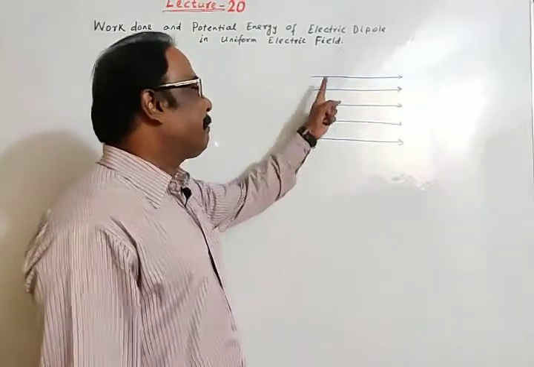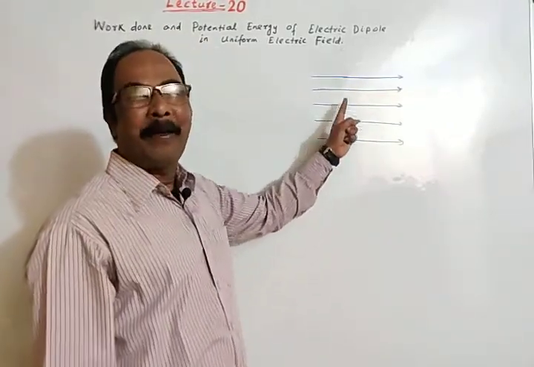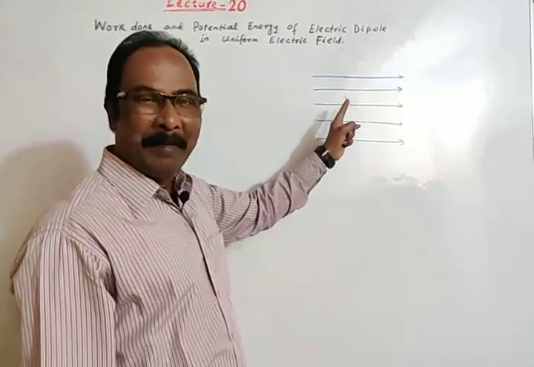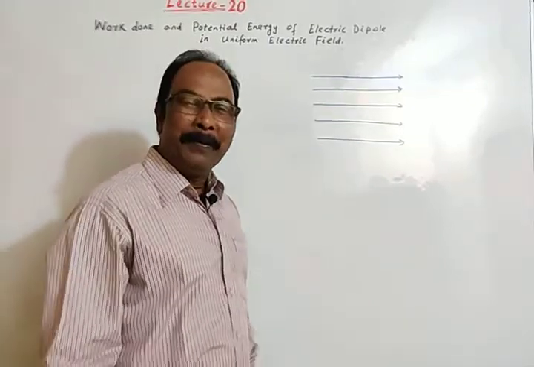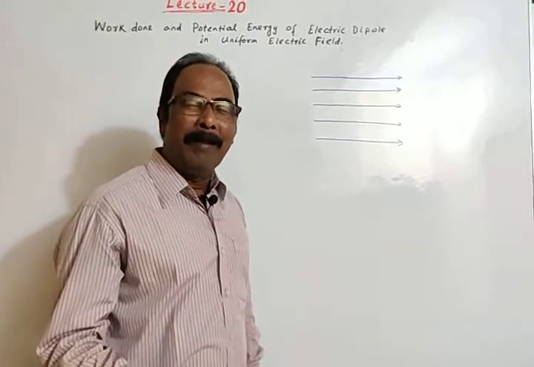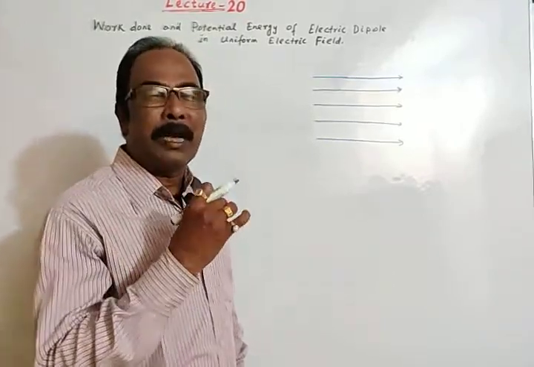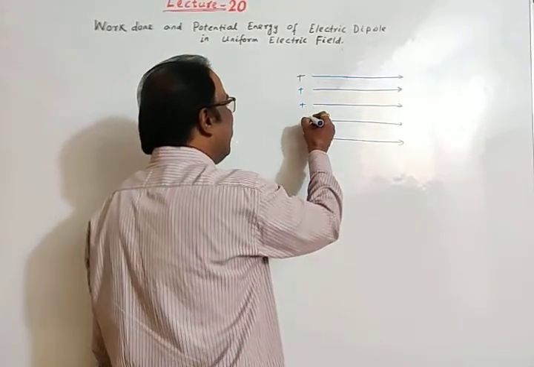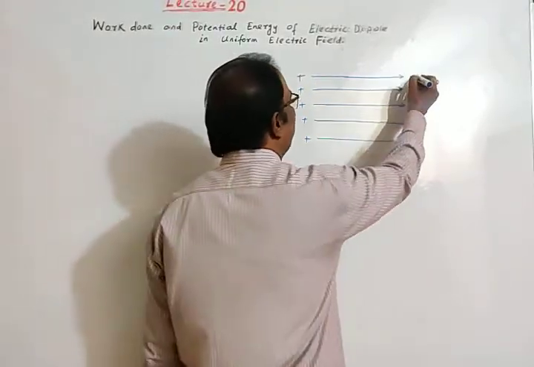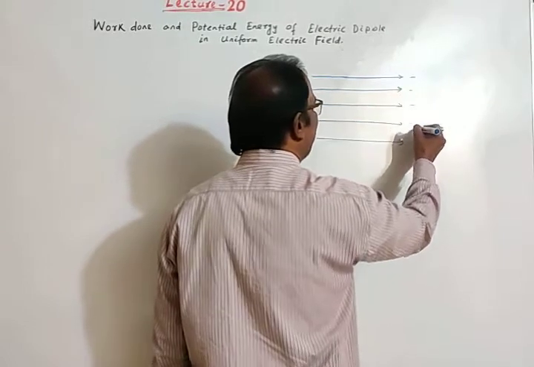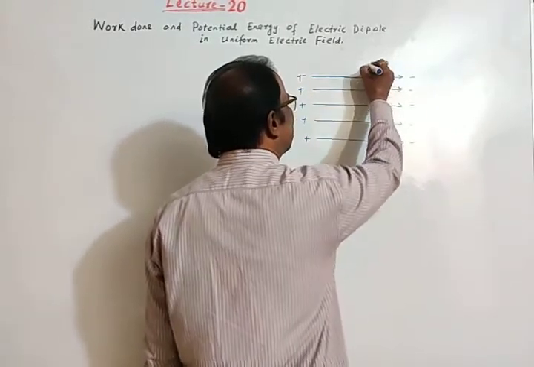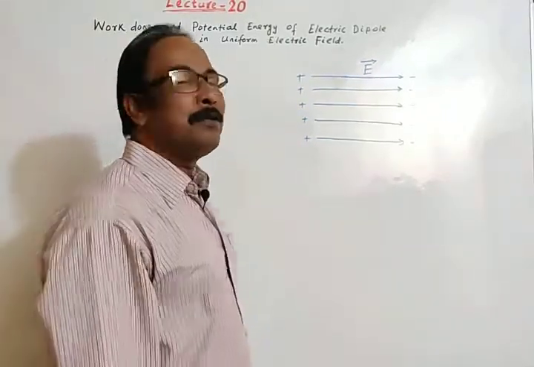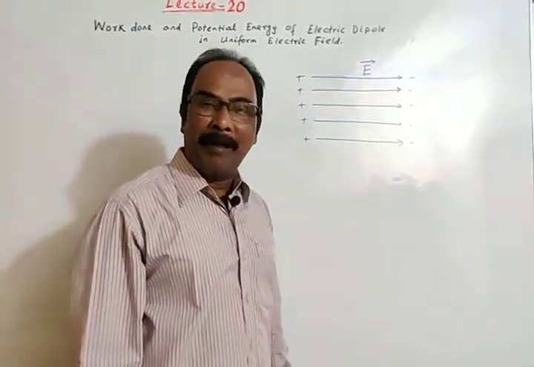Again, we know the direction of electric field is from high potential to low potential, or simply speaking, electric field is directed from positive to negative. Let this uniform electric field be E, where E is the electric field strength.